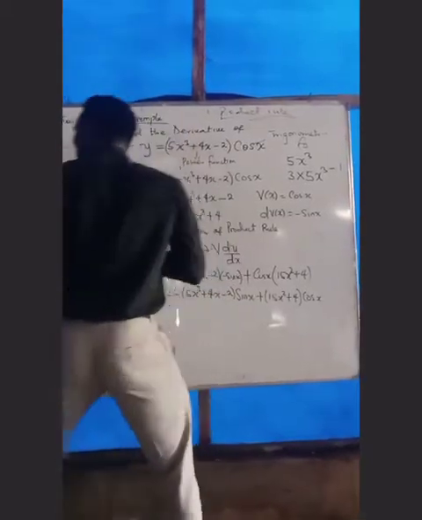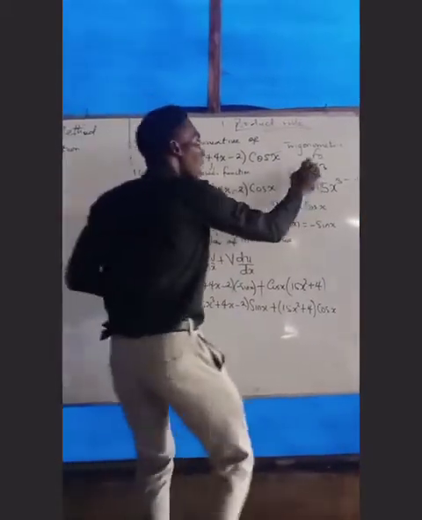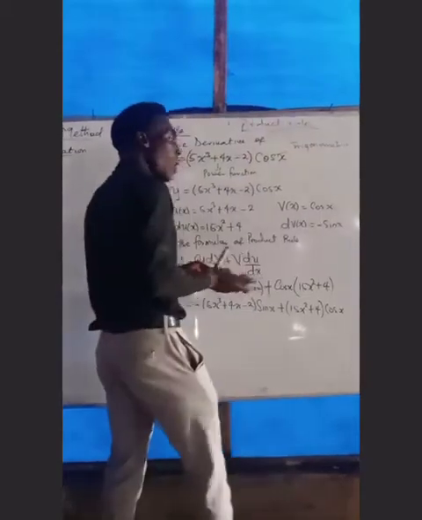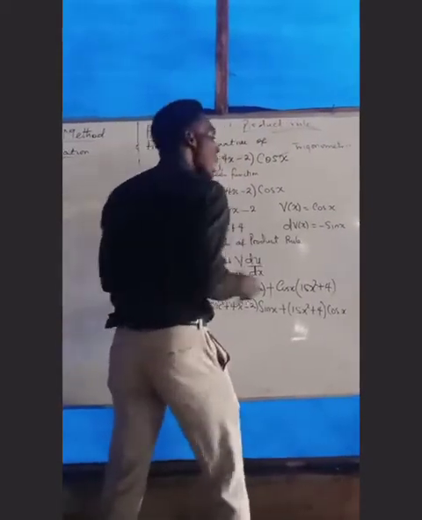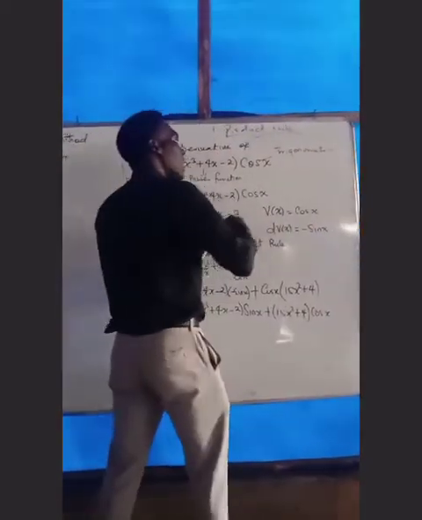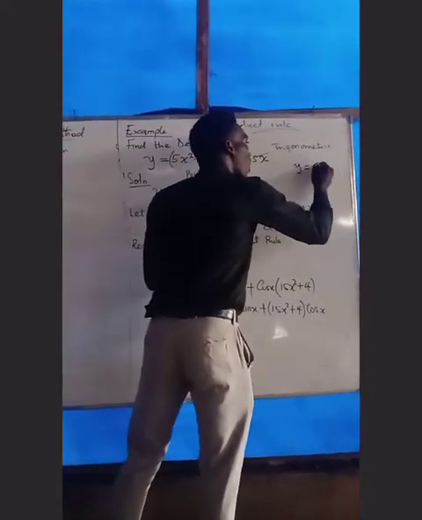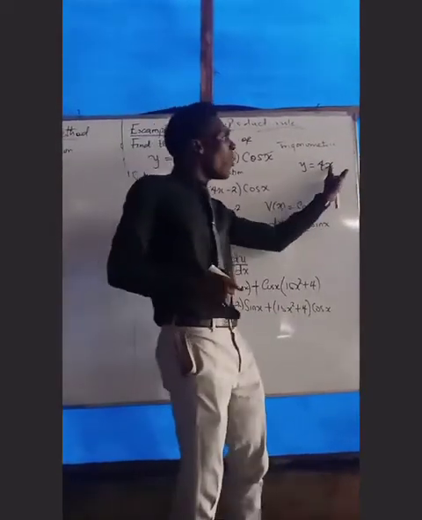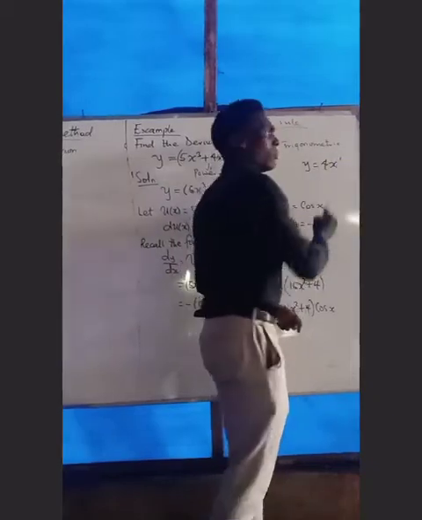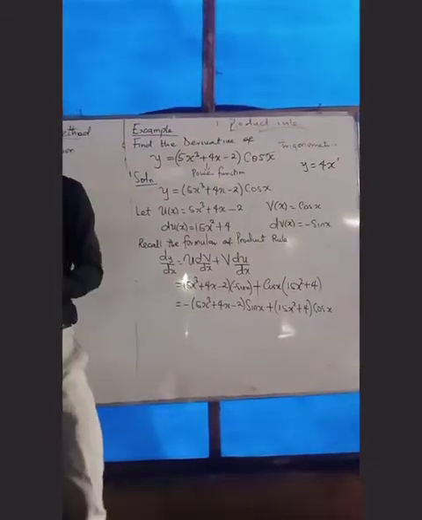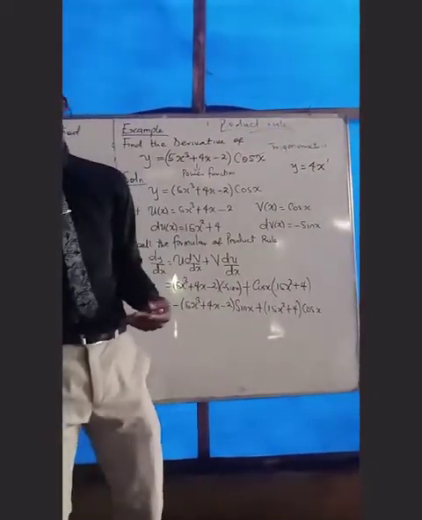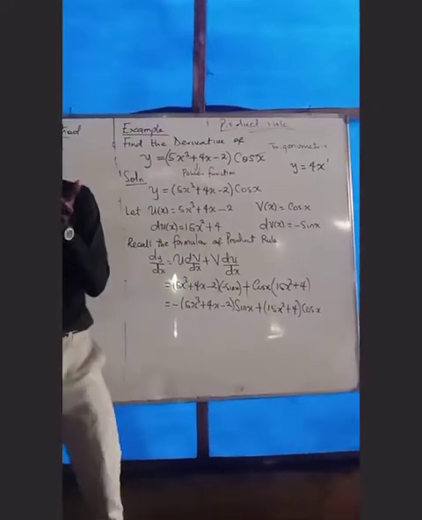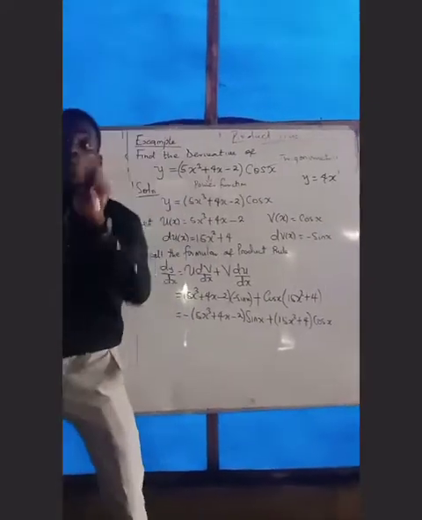Plus 4x. 4x is also a power function. You're saying y equals 4x, and what is the power of x? The power of x is 1. Anytime you see x or any variable standing on its own and the power is not visible, you should know that the power there is 1.